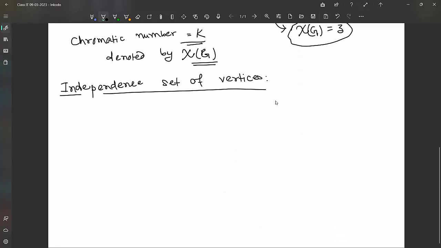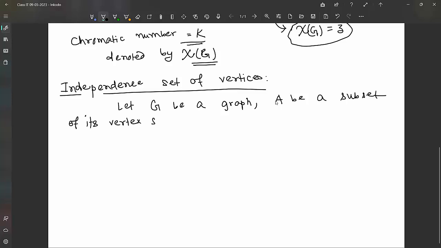That means, let G be a graph. So this is the definition. Let G be a graph and A be a subset of its vertex set. Vertex set means the set consisting of all the vertices of the graph.